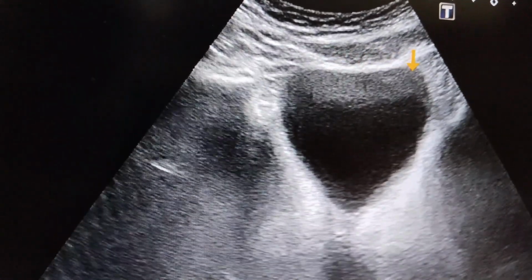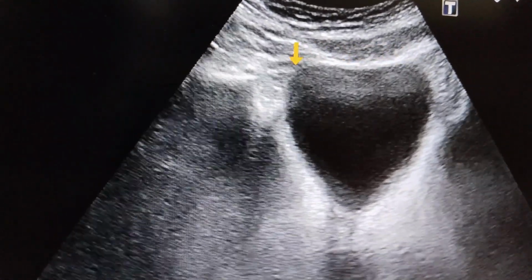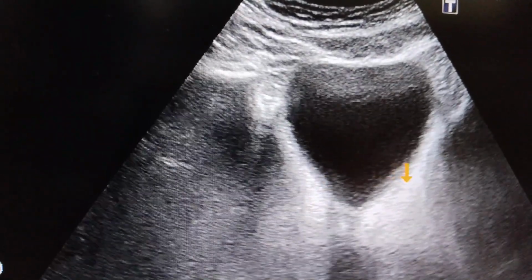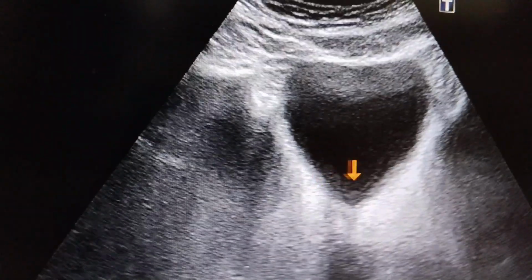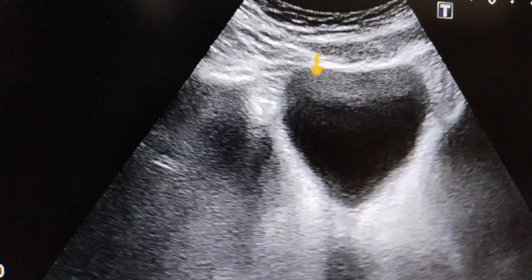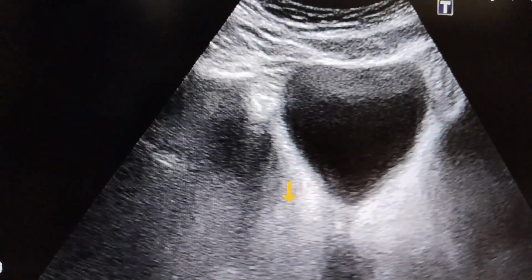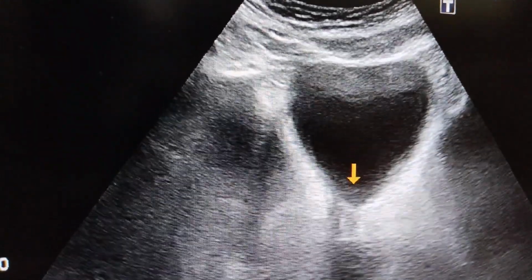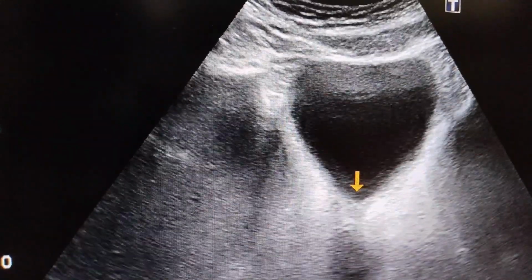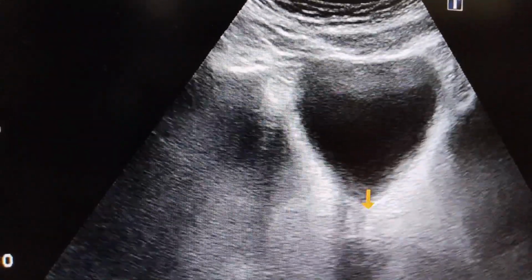When we come across a normal urinary bladder, we daily appreciate such a flat orientation of the posterior aspect of the urinary bladder. Here that is the conical, gradual narrowing of the posterior aspect of the urinary bladder.